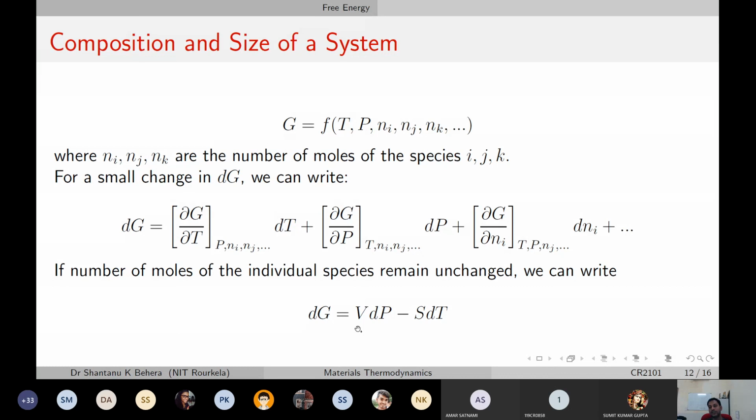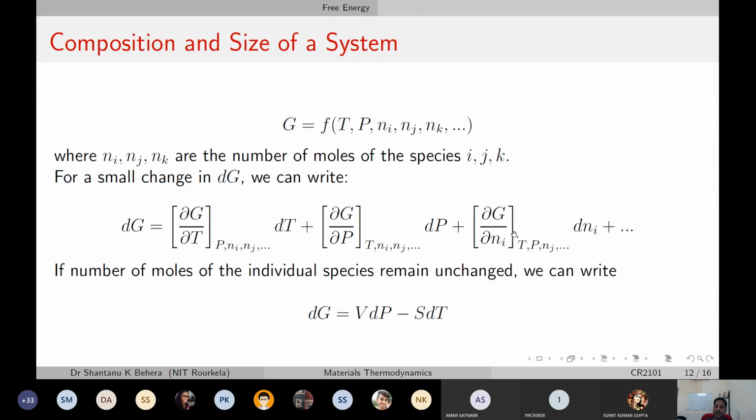We talked about the closed system just before that. Closed system is what? It's a system where no component goes in or goes out. That's a closed system, all right? And you open the closed system, that becomes where different species can go in and go out, right? So all of those things you can write as an expanded form of all individual changes and how they influence the total free energy.